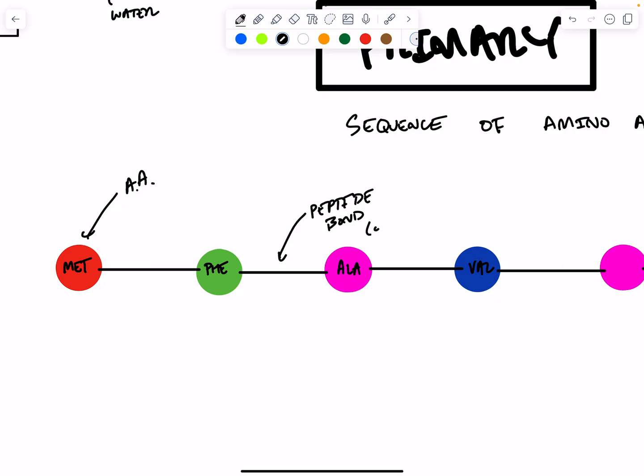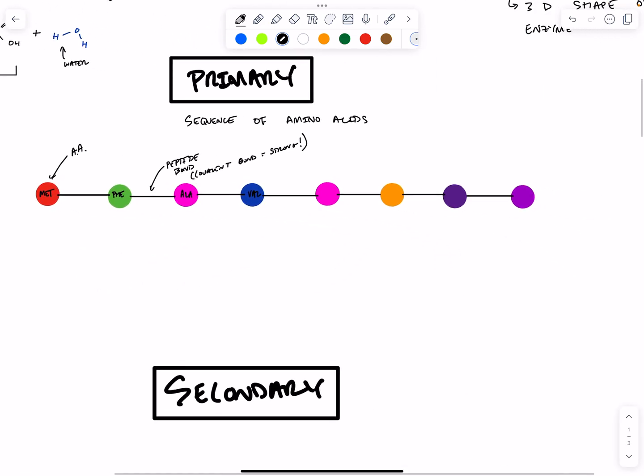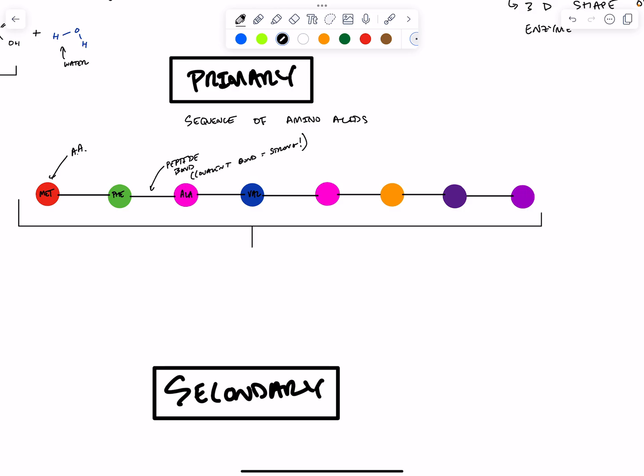A peptide bond is a form of covalent bond, so it's very strong. And this whole long chain of amino acids strung together through peptide bonds is called a polypeptide.